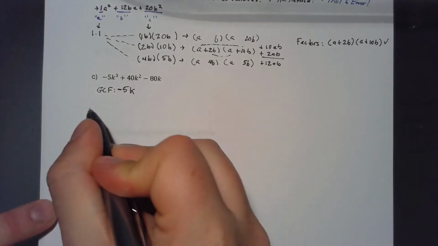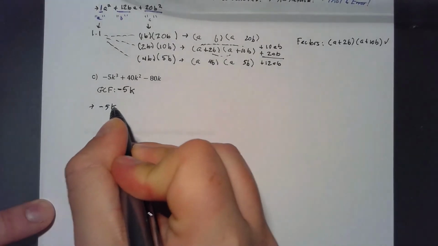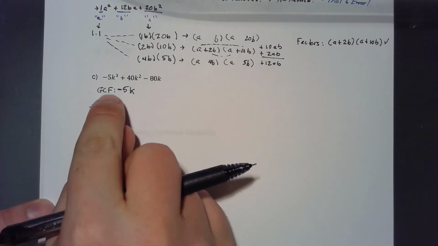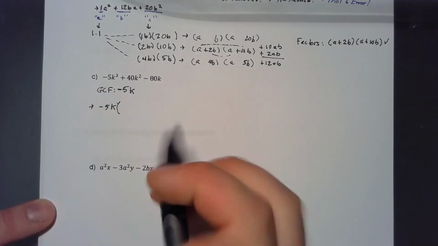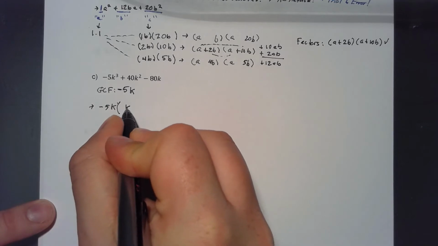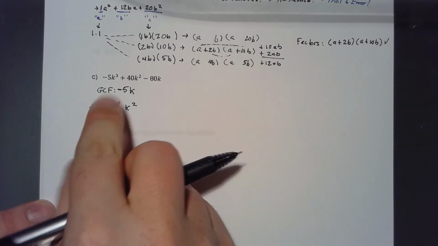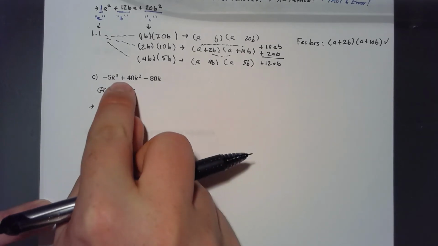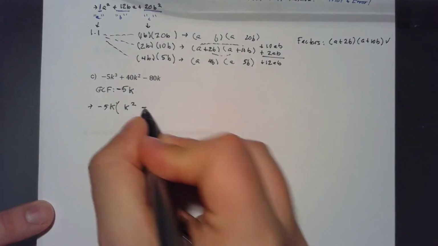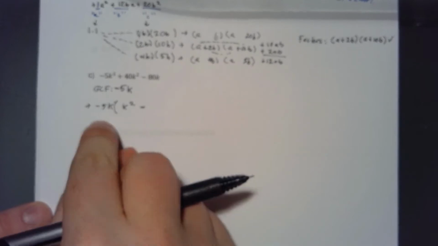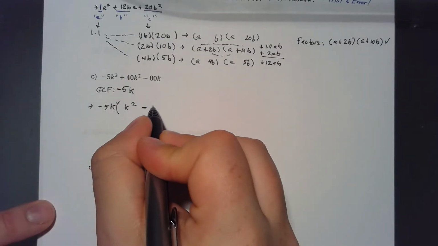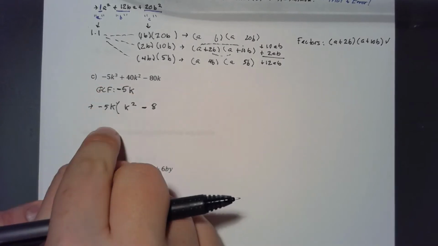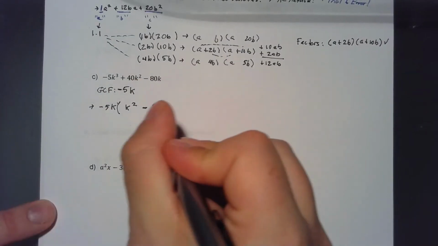So when I factor that out, I'm left with, negative 5k out of negative 5k to the third is going to be positive k squared. Negative times a negative gives me a positive, so this next term will be negative. When I factor 5 out of 40, I get 8. Negative 5 times negative 8 is positive 40. K factored out of k squared is k.